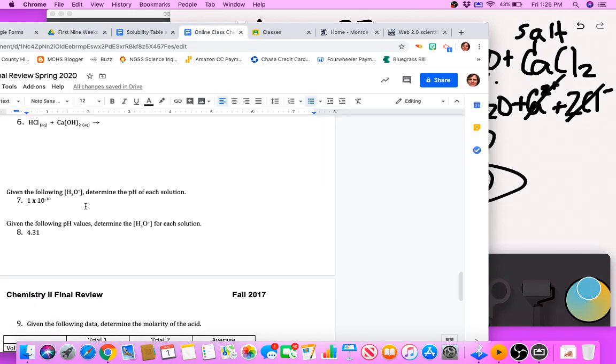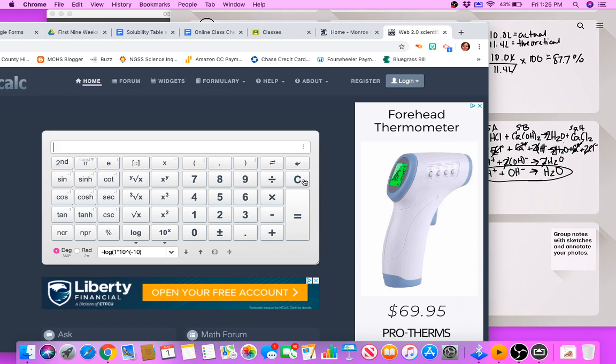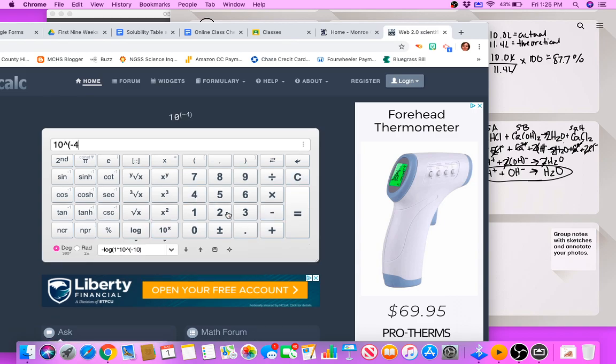Okay, moving on. Now we're given a pH and we need to find the hydronium ion concentration. What you're going to do there is just the opposite. You're going to do 10 to the negative pH. So 10 to the negative 4.31. Clear, and then do 10 to the negative 4.31. And we get this.